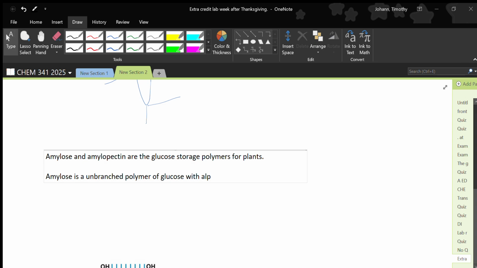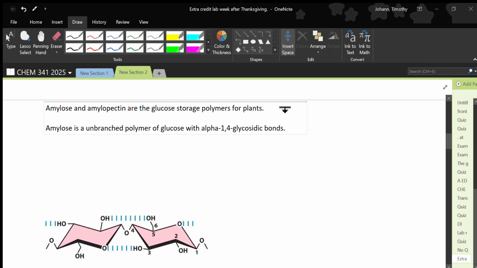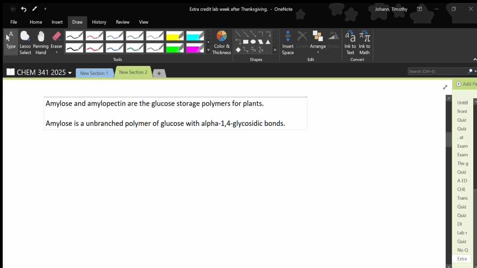I'm going to write alpha rather than play around with getting the right symbol. What does that look like? With that sort of designation, you should be able to draw it. Let's say I would have a series of glucose molecules. I'm going to draw like this.